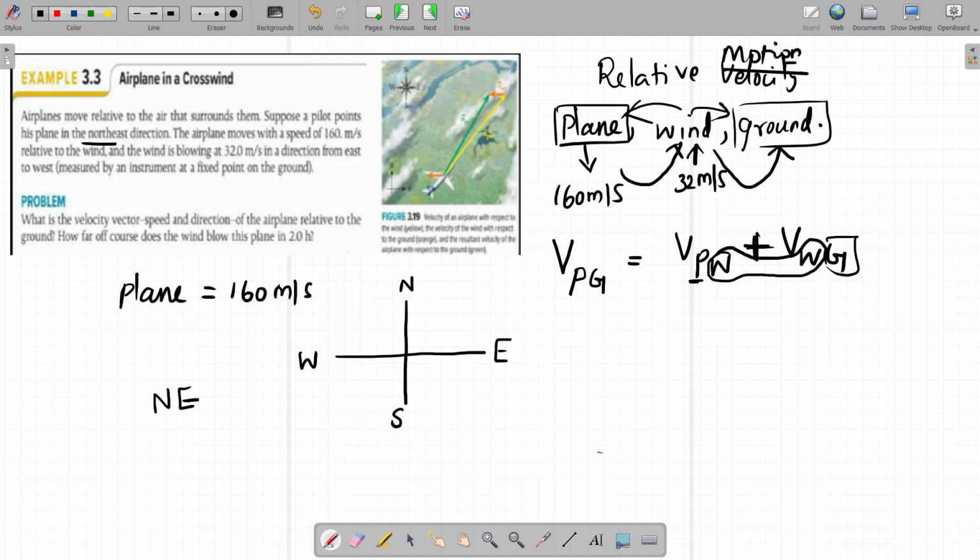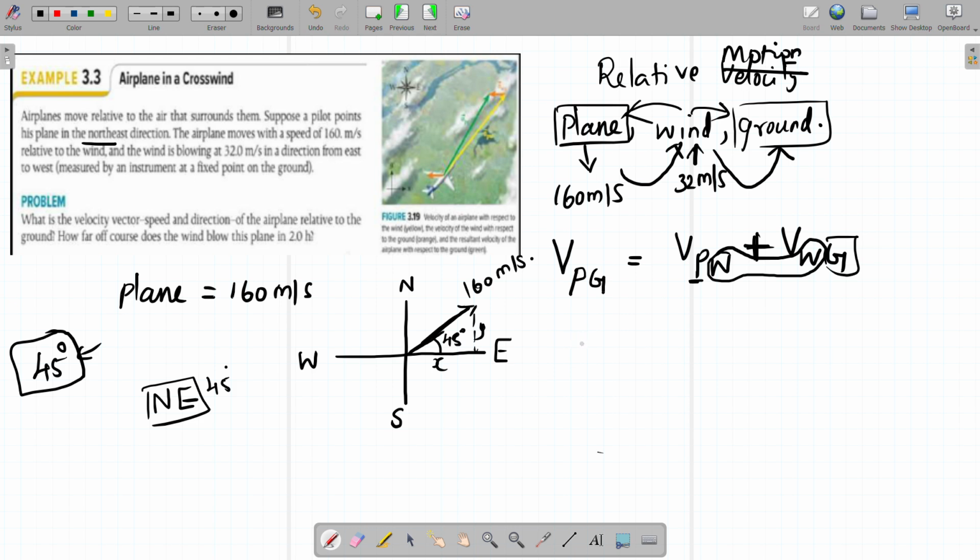Since they mention northeast, it is exactly at the middle, and it creates a 45 degree angle. The 45 degrees will not be given, and it is known. Northeast means 45 degrees, the line is at the middle. In this direction the speed of plane is 160 meters per second, and it has y and x coordinates, easy to find.